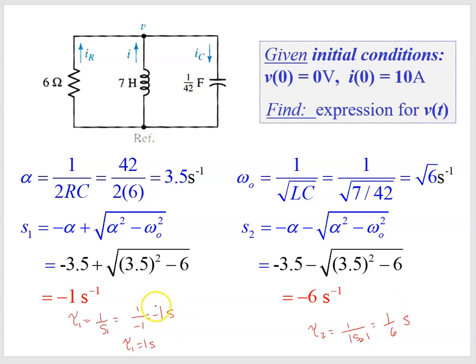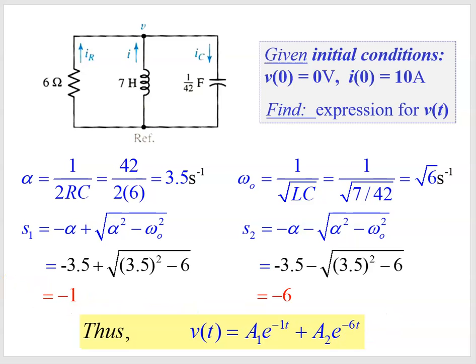So we see that the time it takes for the exponentially damped function raised to s2 to die out is 6 times faster, since its time constant is 1/6 of tau1.